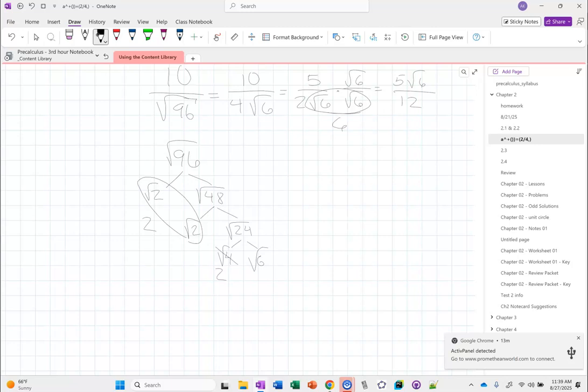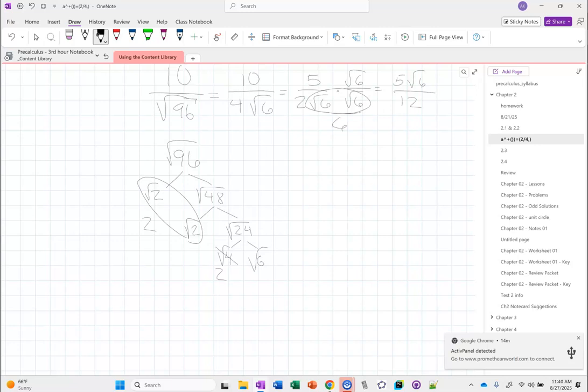How's that feel? It was a little bit of work, right? I definitely would have to write this down. I'm not going to do that in my head, because the computation is a little bit tedious. I can't do it on my calculator because DeltaMath is asking me for an exact answer, so I need to do it by hand because I need the radicals in there. The calculator can't do that for me.